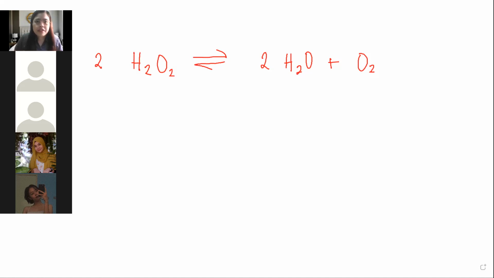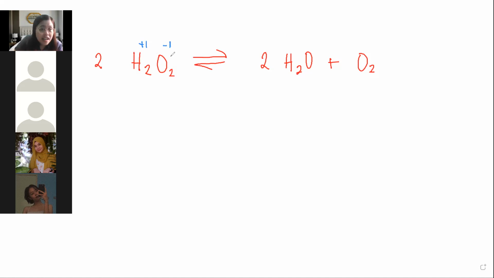So this time, another example of the disproportionation reaction is we have hydrogen peroxide. Hydrogen there is positive 1. And please look at the rules natin for the oxidation state. Di ba si oxygen is supposedly negative 2. But for the peroxide, it is negative 1. Negative 1 siya dyan.